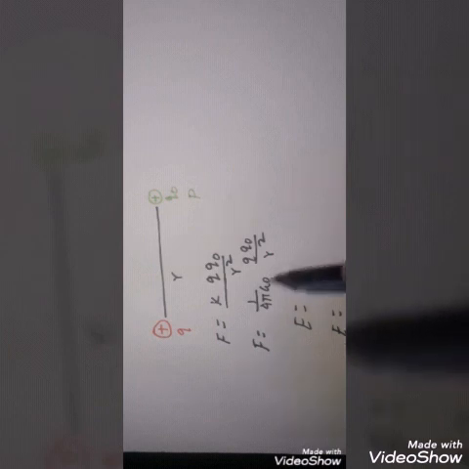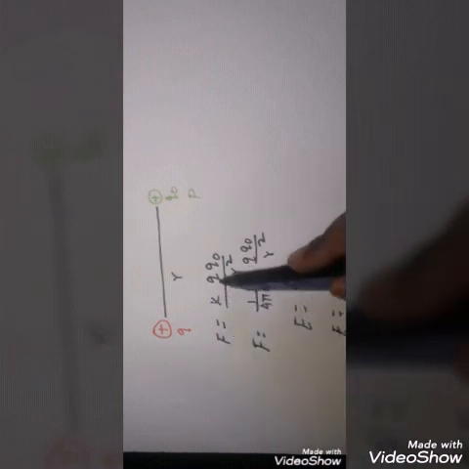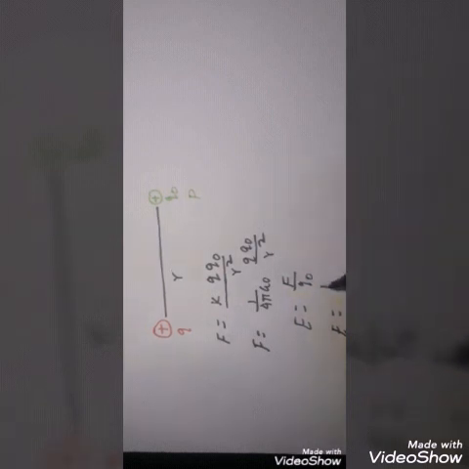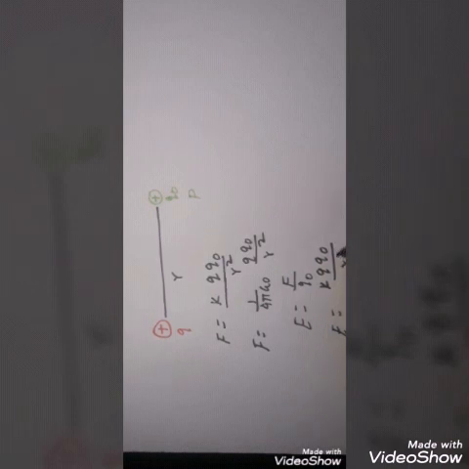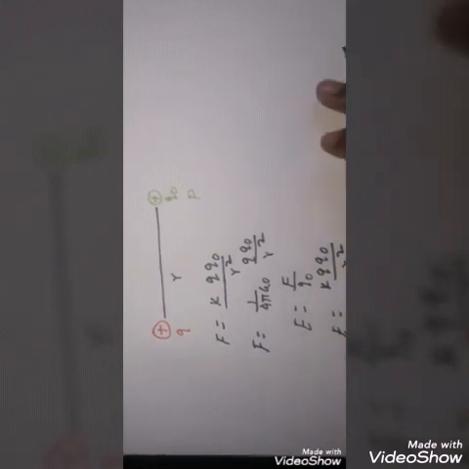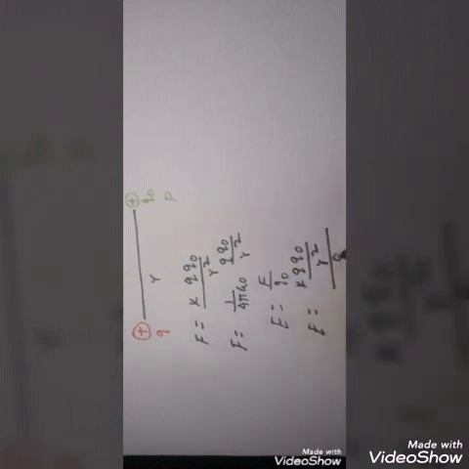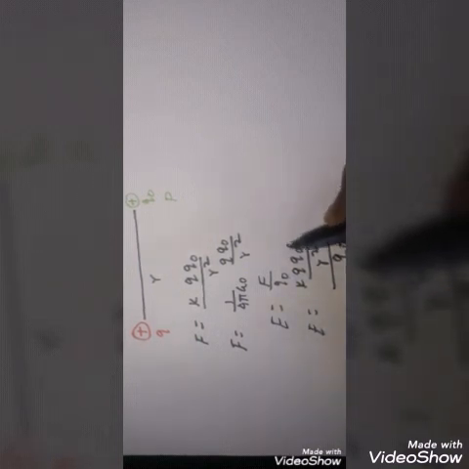We already calculated F equals K Q Q0 by R square. Substituting that and dividing by Q0, we cancel Q0.